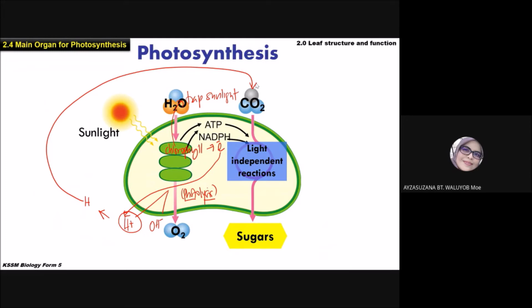Okay. And because of the excitation of the electron tadi, they will produce the ATP. ATP is the energy. Okay.